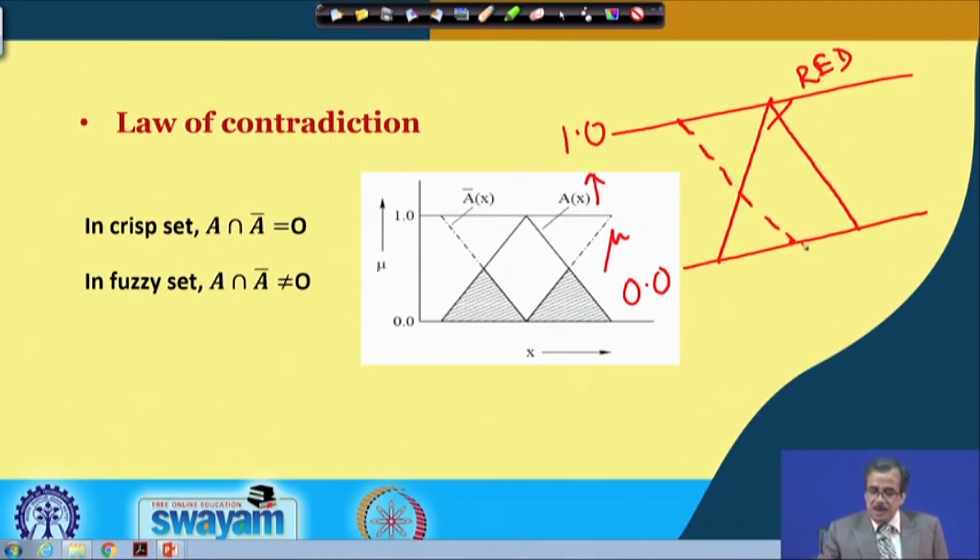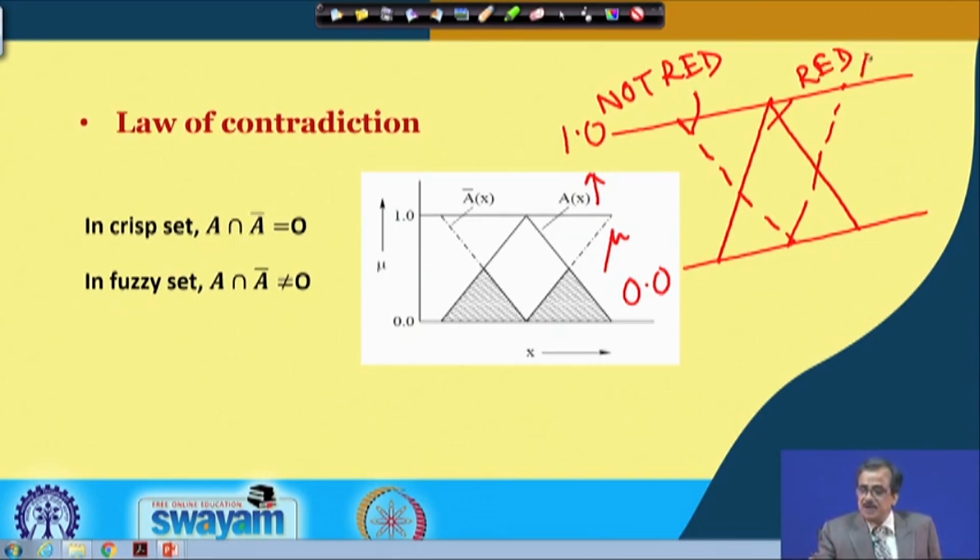Now, if this is the complement, then what we get is, so this is the complement, say it is not red. So, not red is actually the complement of the red. So, if the red is nothing but A(x), so not red is nothing but A bar (x). Okay. And here, this is x.